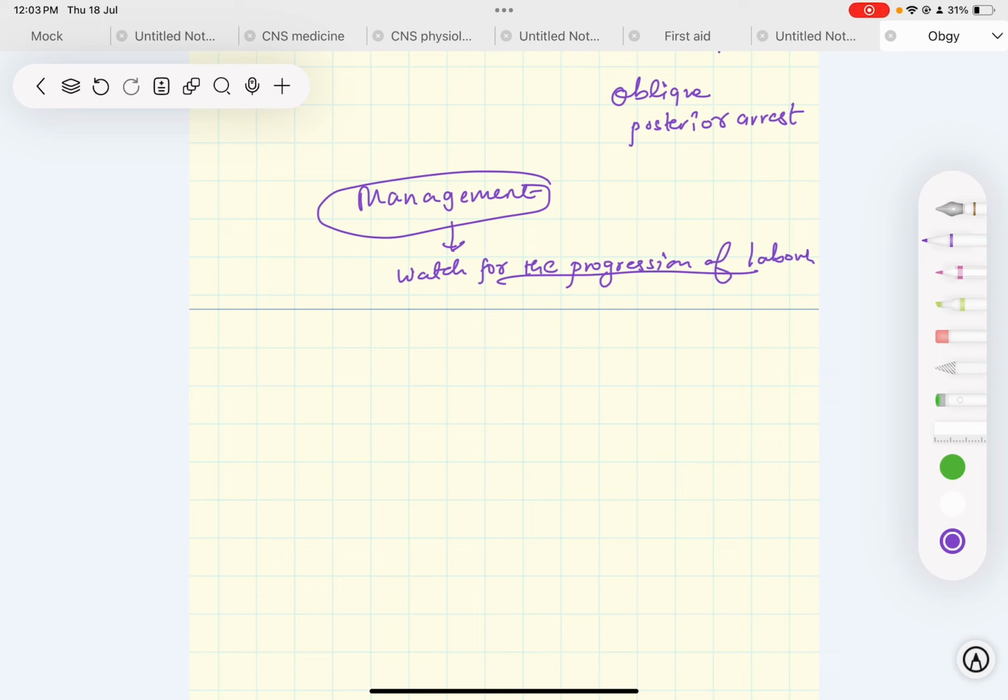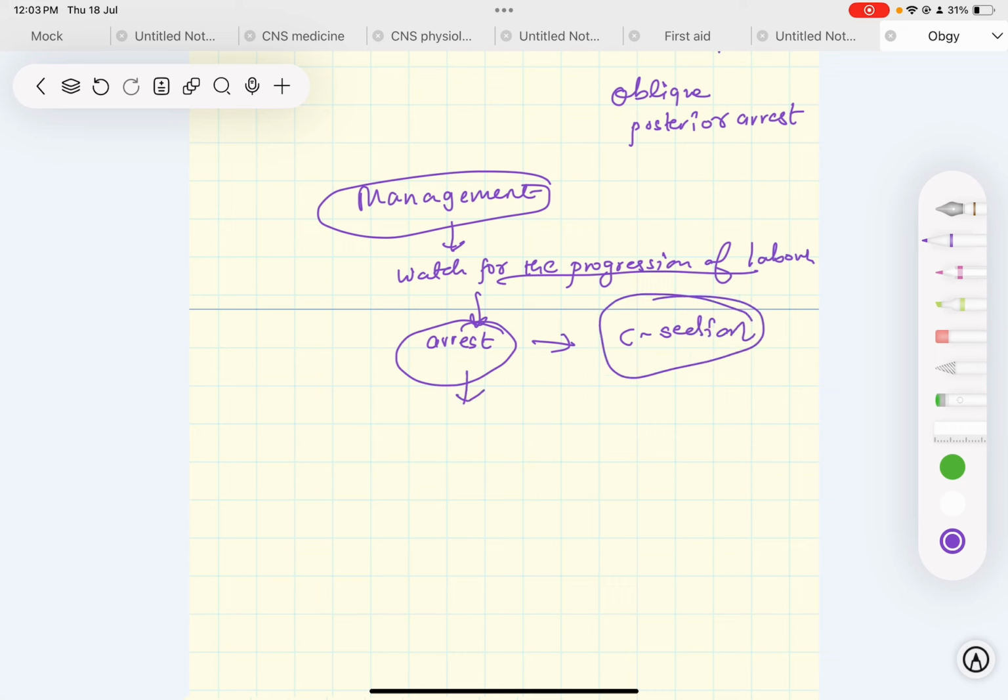So there is no need of directly doing C-section or instrumental delivery. First we have to watch what the fetus is doing, because it is a position. The fetus can very well rotate in the pelvis. That is not an indication to do a C-section or any action. If it is a case of arrest, then and only then will we do the C-section.